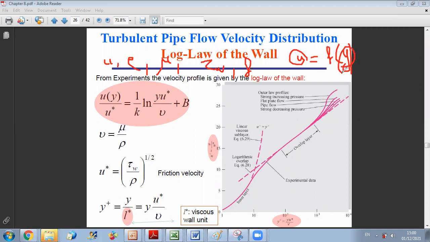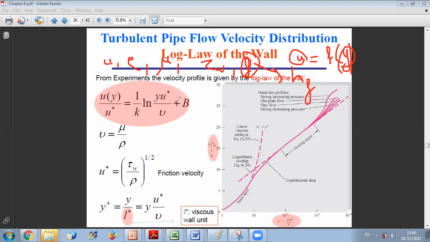So first, what can be the dimensionless number related to u? If we do the analysis between these parameters, you have the friction factor, which is already a dimensionless number related to hf.